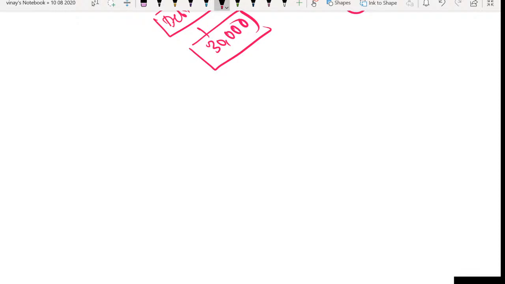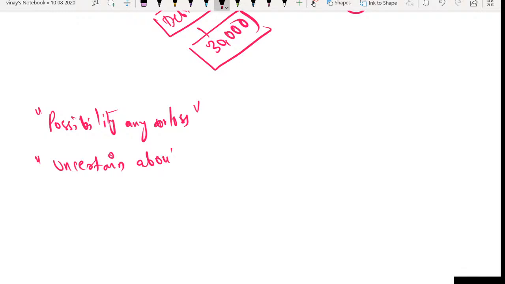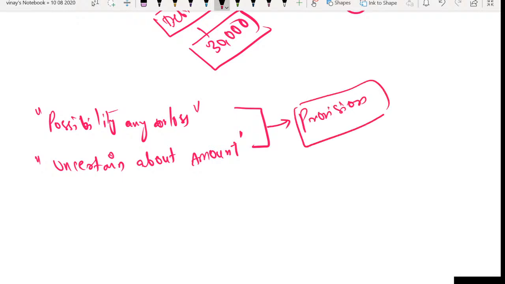So when there is a possibility of any loss and you are uncertain about the amount, then you will create a provision based on some estimated amount.